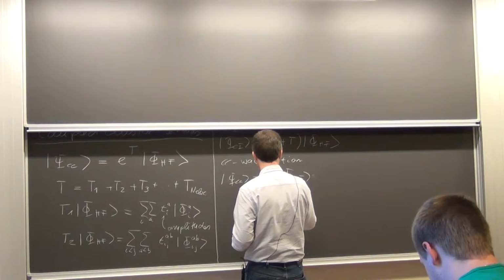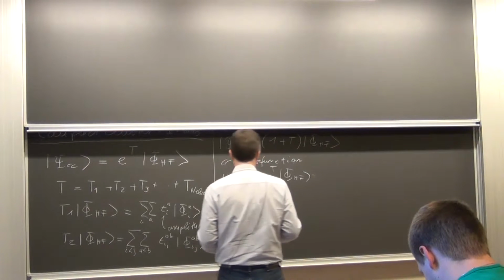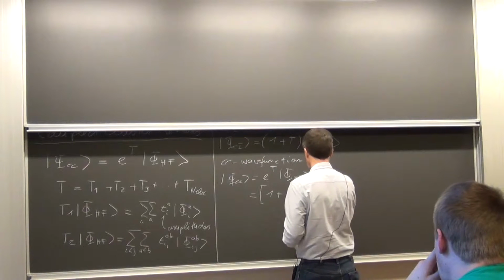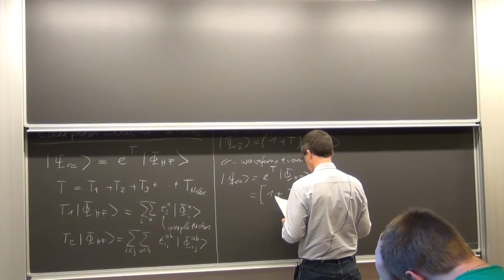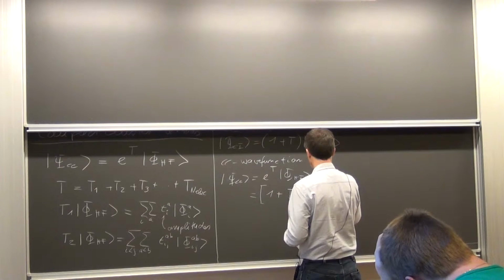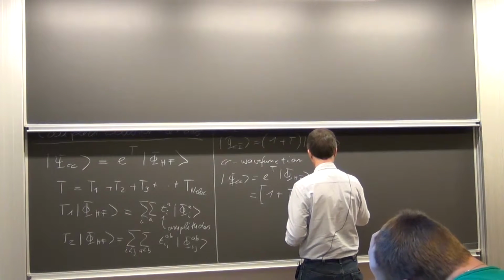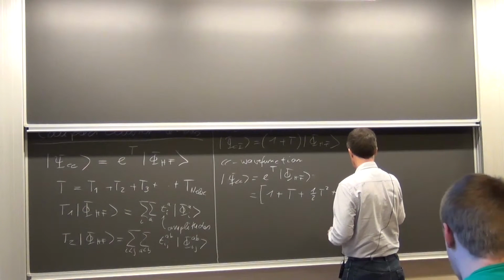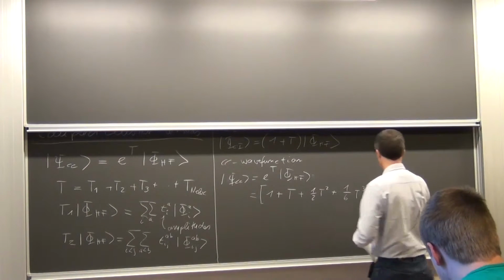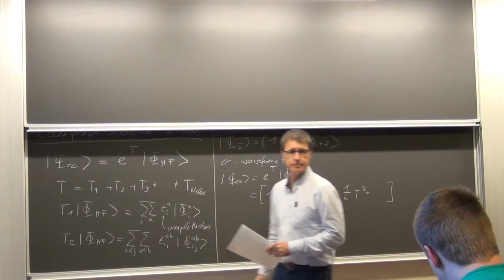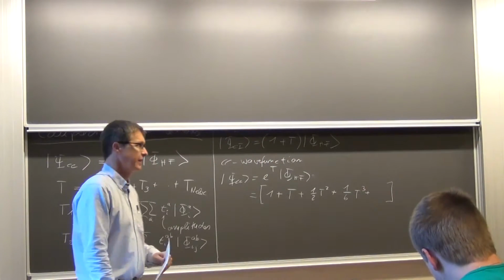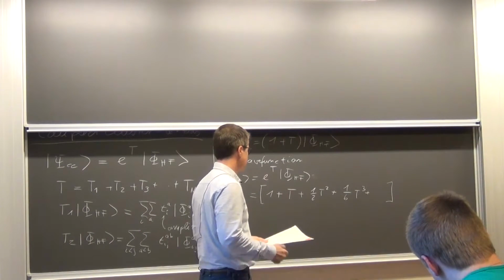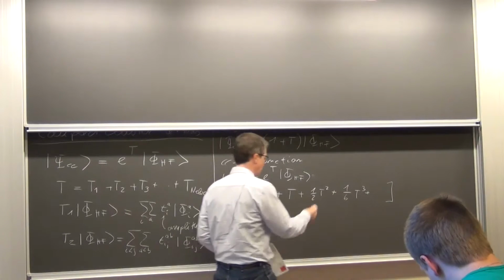So I get 1, then I get T, let's write it this way first. Then I get 1/2 T squared, 1/6 T to the third, and so forth. Because it's 1 plus, well, 1 over n factorial, and then so on, Hartree-Fock.